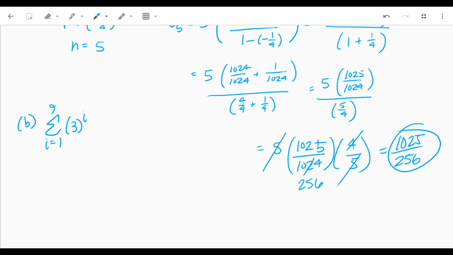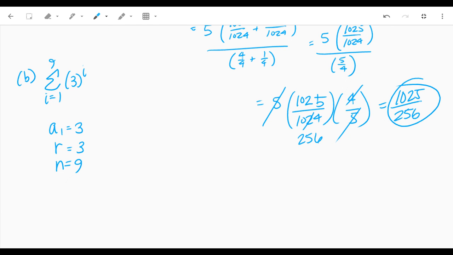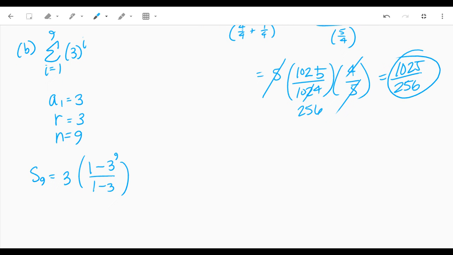For the second one here, the first term would be 3. The ratio between terms is also 3, and I have 9 terms. Okay. So I would again have the sum would be the first term, 1 minus the ratio to the 9th over 1 minus the ratio. Okay.